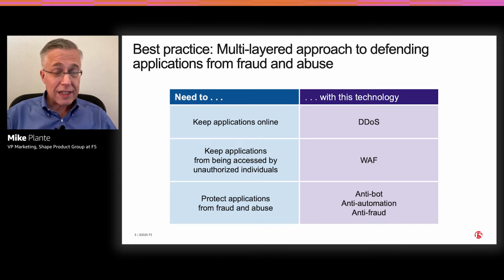We really would like to help everybody engage on 3 simple layers to a defense in depth strategy for online applications. In order to keep your application online, you need to think about volumetric unauthorized access. And for this, you would normally look for a solution that provides distributed denial of service or DDoS protection.